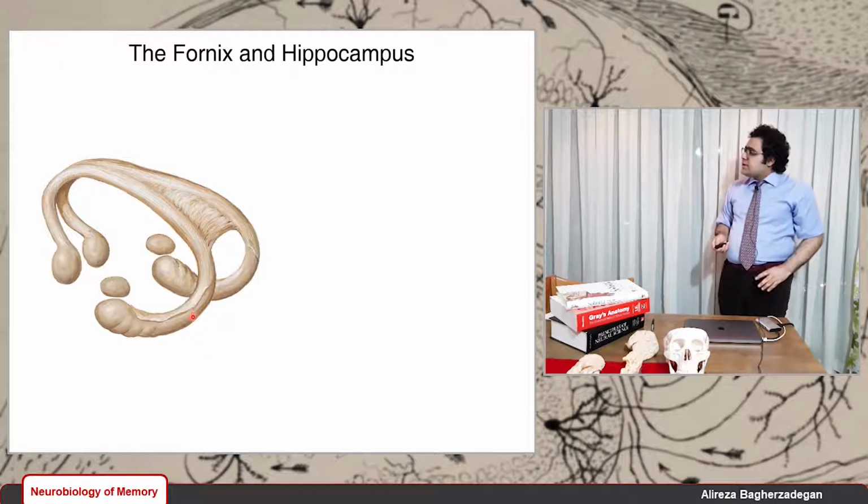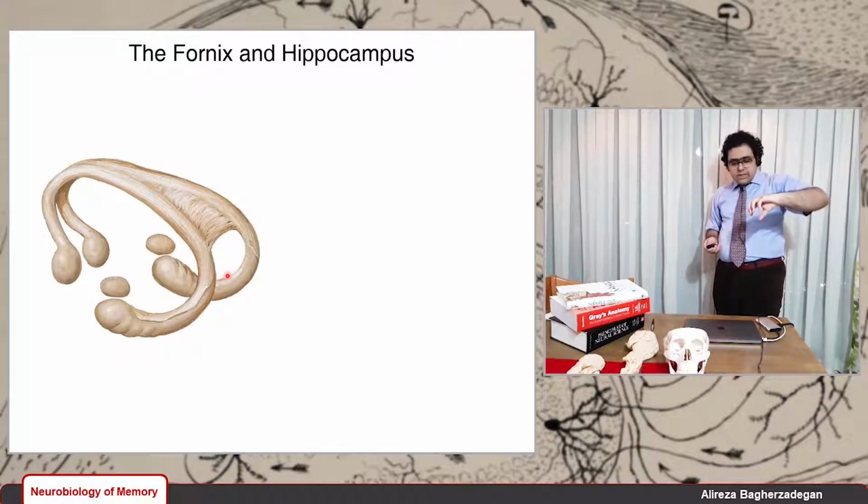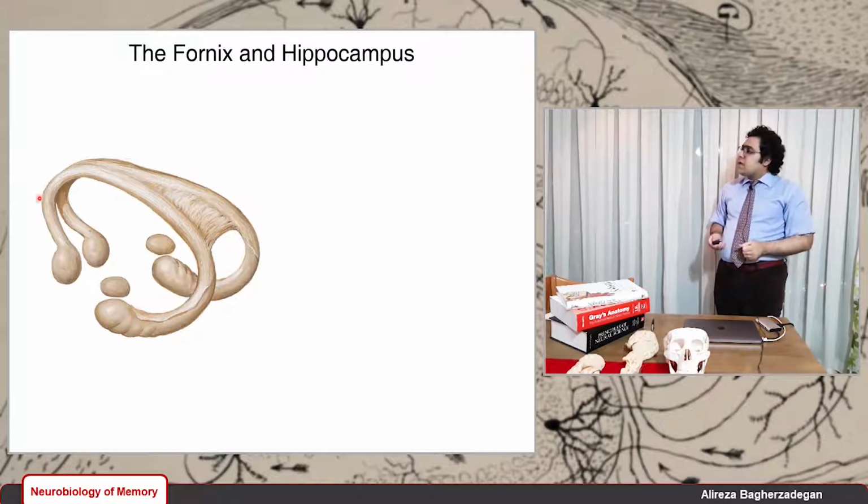You can see that the hippocampus is interconnected with this C-shaped structure called the fornix. The fornix is actually the main outflow bundle, the main nerve fibers that originate from the hippocampus and get out of it. The fornix is one of the commissural fibers of the brain.